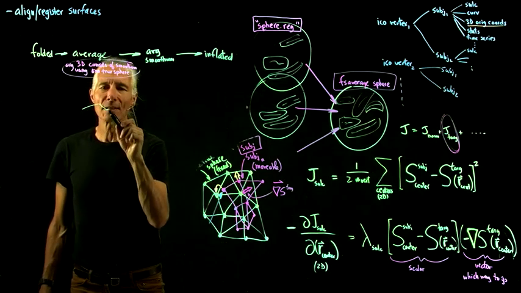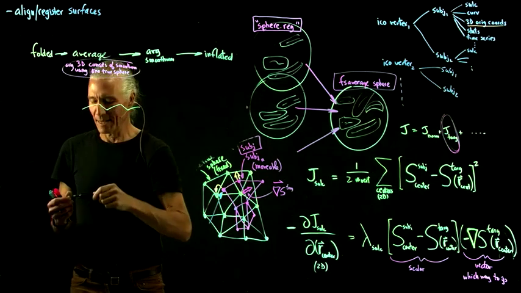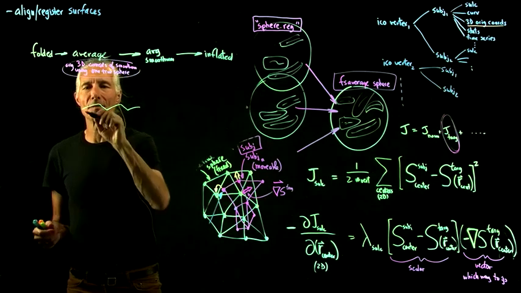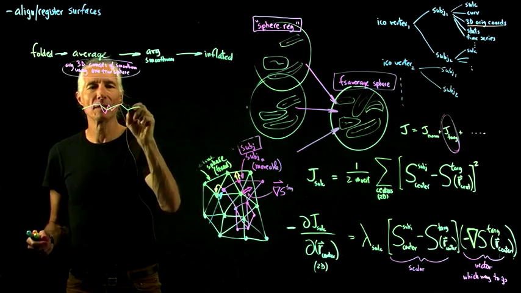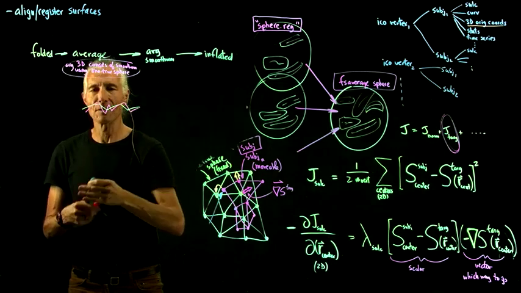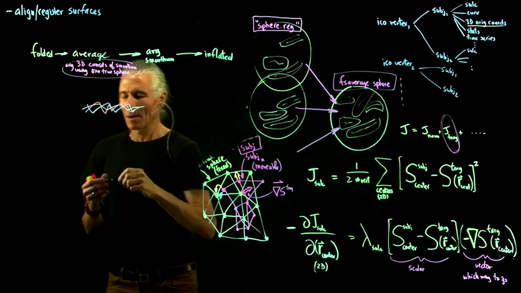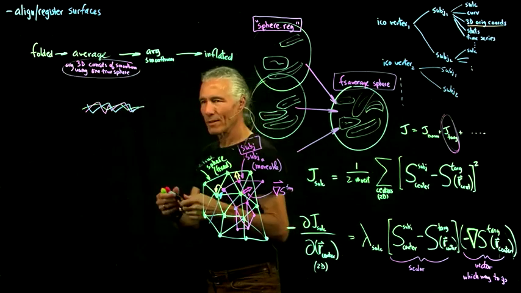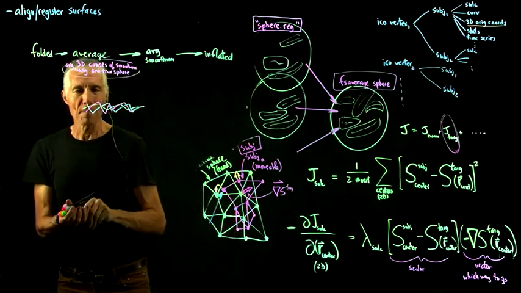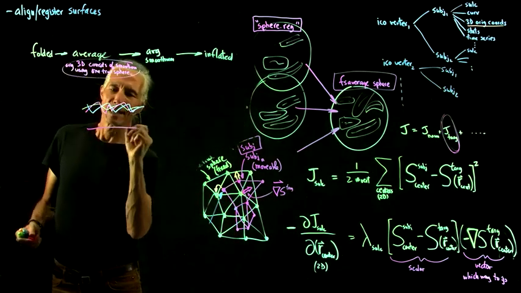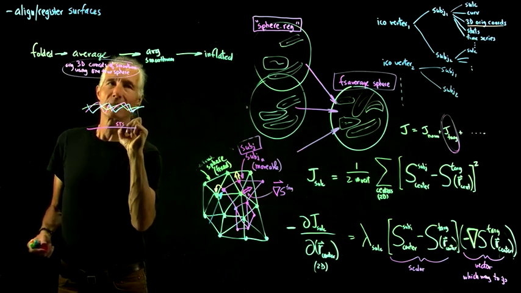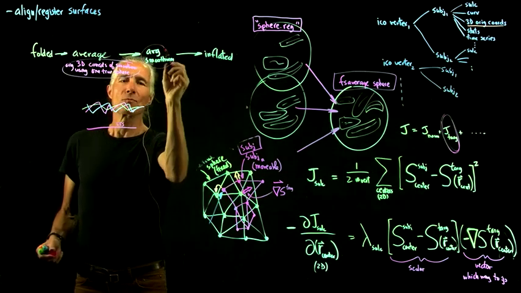So what will happen if you do that is, remember, the sulci are all sort of crinkled up like that, like the STS. And here's another subject that looks sort of randomly different, and here's another subject. When you average all those crinkles in the sulci, what do you get? You just get a straight STS. If you look at the STS in this average smooth white matter, it's completely straight.